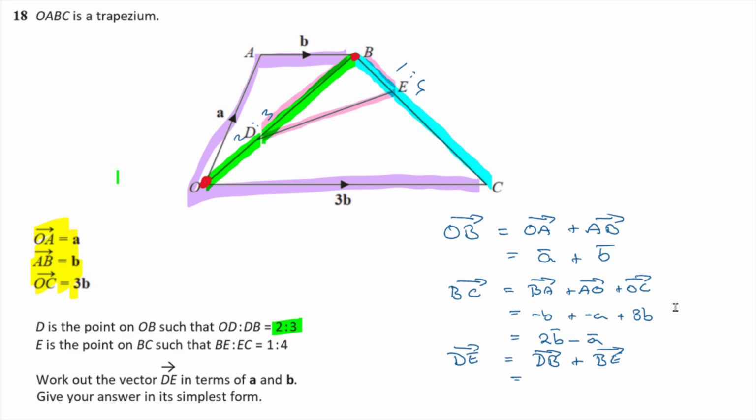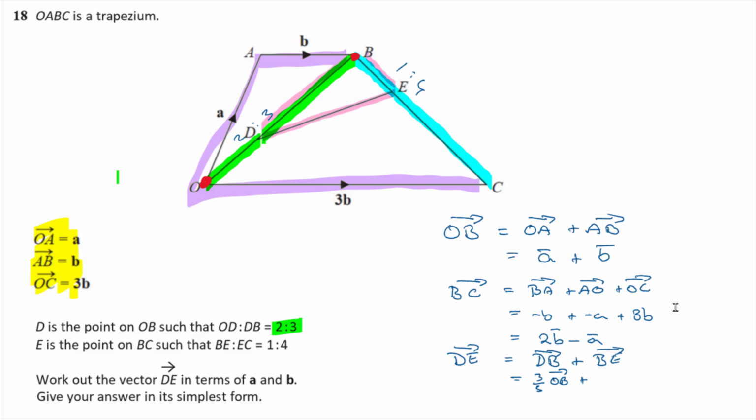What fraction is it? So I can see from the ratio that o to d is 2 and d to b is 3. So altogether that's 5 parts, and the d to b parts is 3 of those 5 parts. So d to b is 3/5 of o to b.